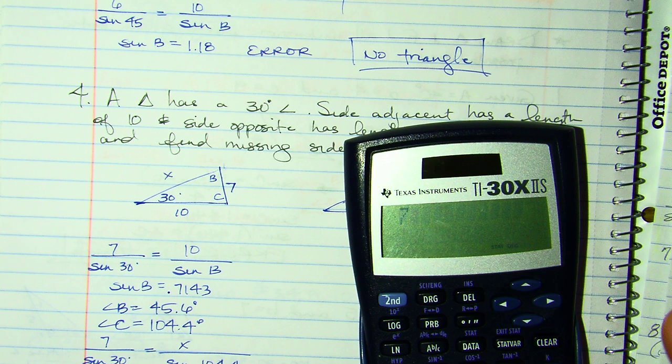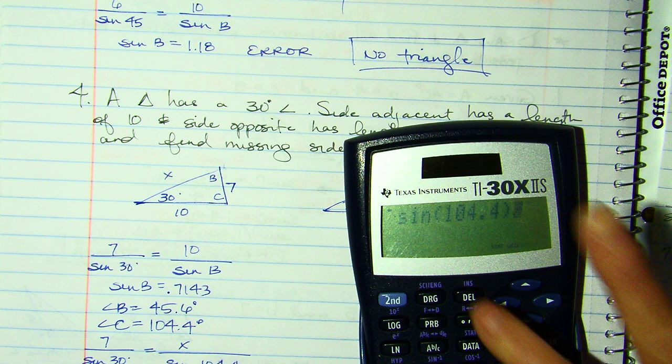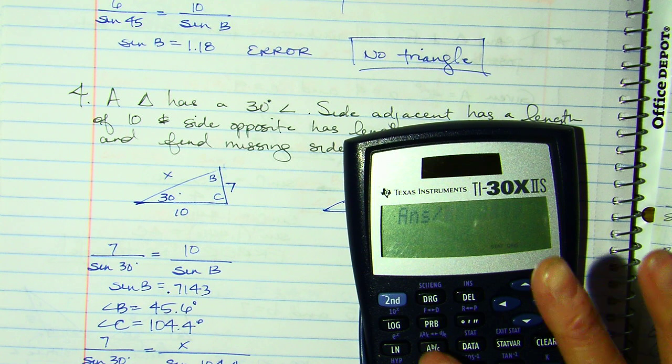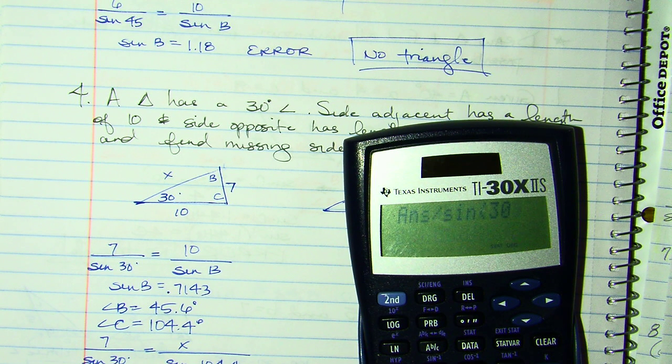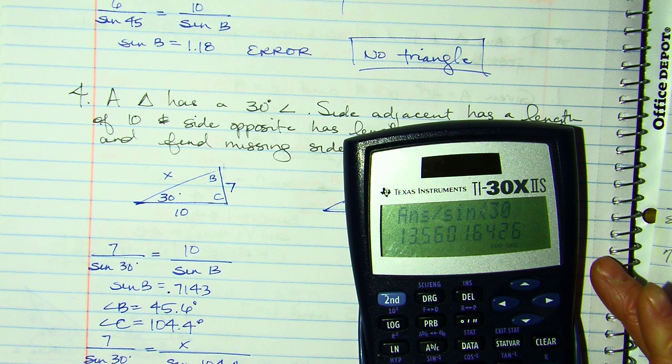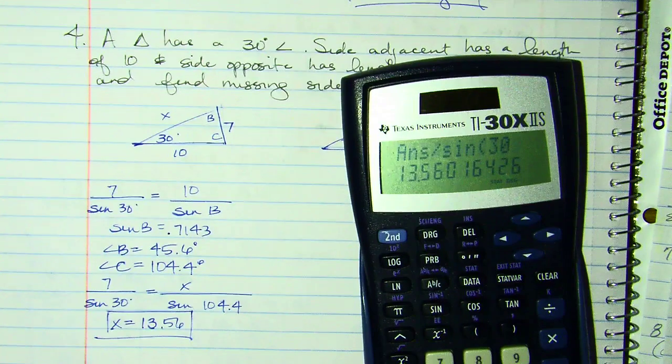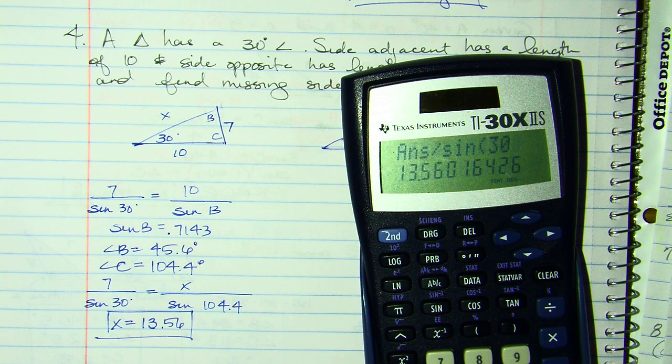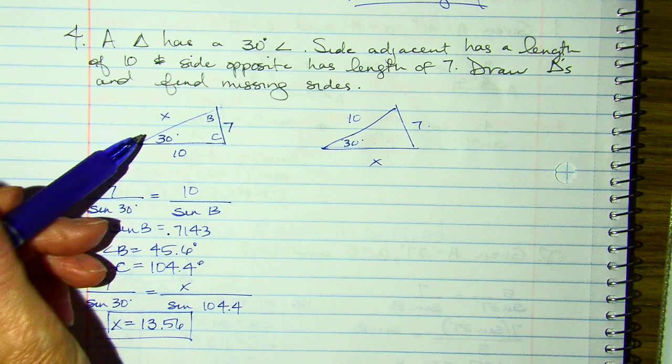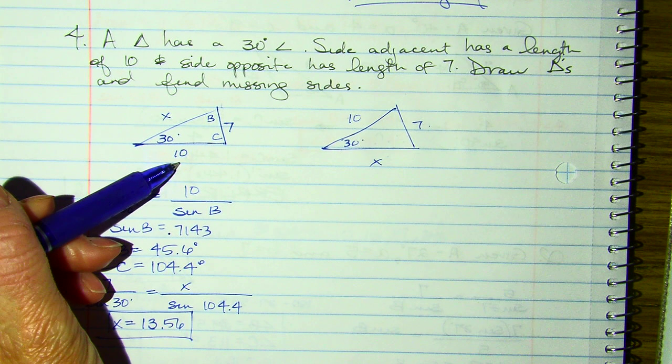So 7 times the sine of 104.4 divided by the sine of 30. So in this case, one possible side is 13.56. So there's one possibility when you put the adjacent side here.